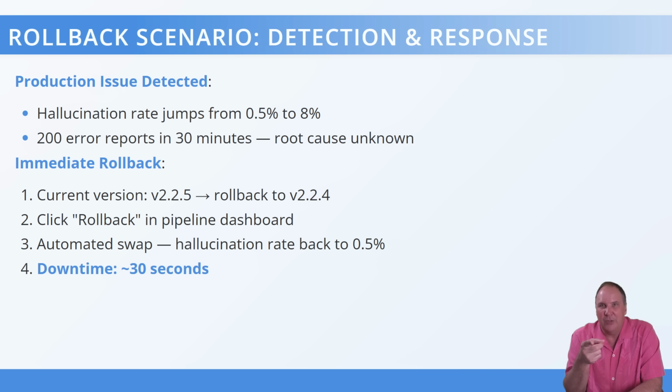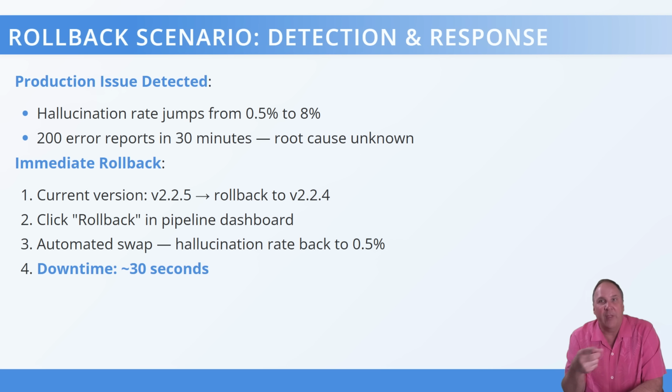You detect the issue through monitoring, that 8% hallucination rate spike. You immediately roll back to the previous stable version in production. Users are restored to the normal behavior within minutes. Now you have time to investigate what went wrong in the newer version. When you understand the problem, you fix it in dev and then you retest and redeploy.